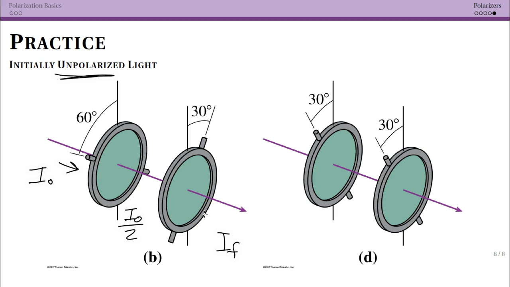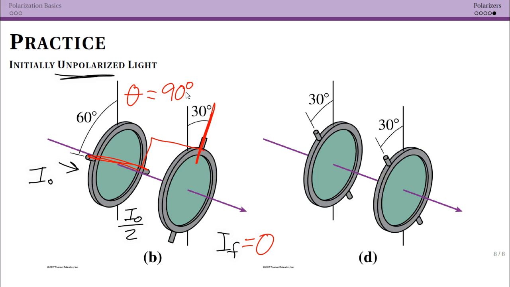Now we need to figure out what theta is. Be careful here because theta needs to be the angle between the polarizers. What is this? Theta equals 90 degrees. So don't just take the angle with respect to vertical, make sure that you're thinking about the angle between your polarizers. So in this case, theta is equal to 90, so our final intensity is 0. We have blocked all of the light.